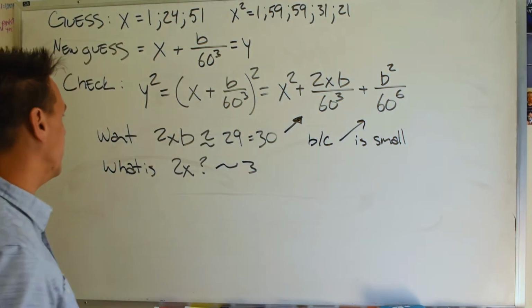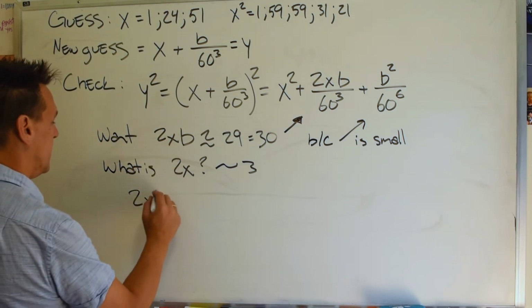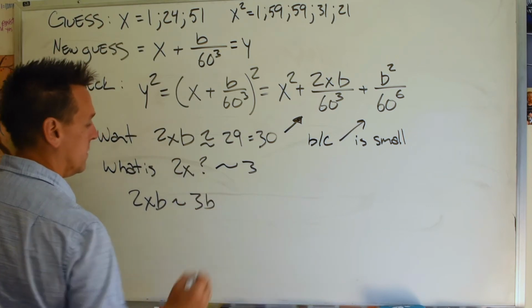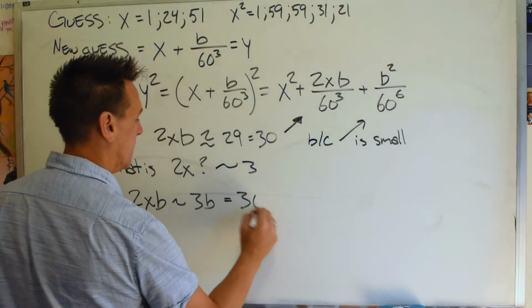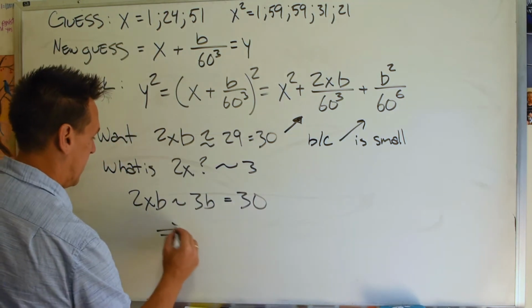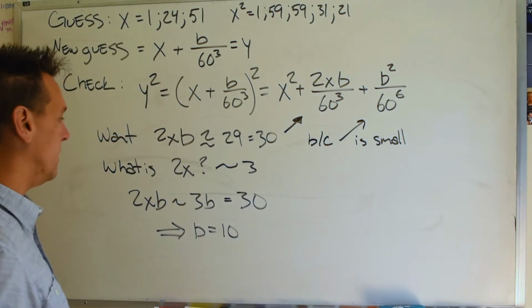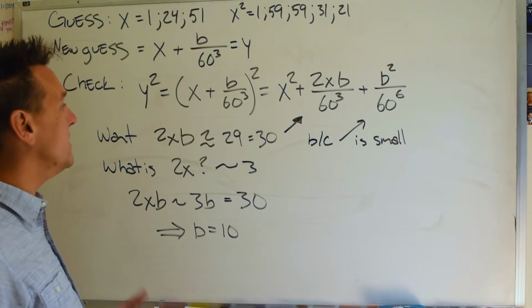It's a little bit less than 3. So then 2xb is going to be around 3 times b. And so if I want that to be 30, then I should probably pick b equals 10 as a starting place. So that's what I was guessing before, and now I have maybe a better reason to guess that.